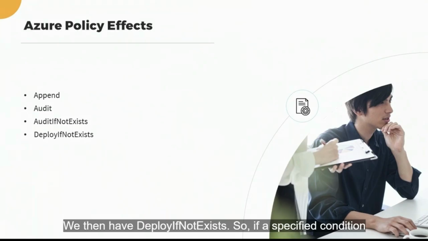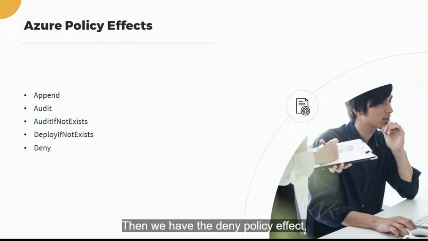We then have deploy if not exists. So if a specified condition is met, then a template can be used to deploy resources. This can also include remediation, such as changing a configuration for devices that aren't compliant with some kind of setting. Then we have the deny policy effect, which, as it states, denies something from happening.